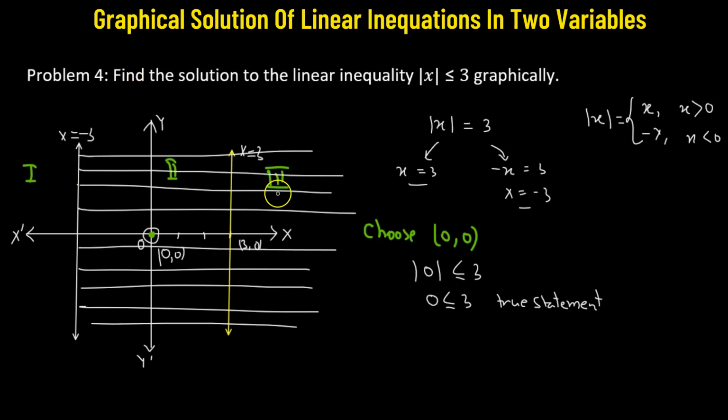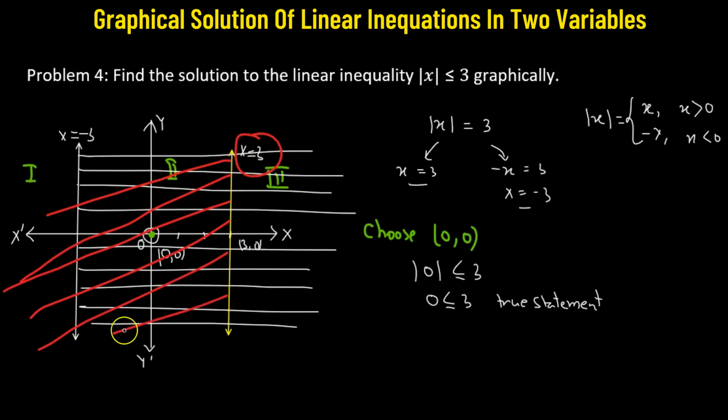Since our origin is still included, we also have to consider the region lying to the left of the line x equals 3. It starts from the line x equals 3 and goes to the left-hand side, so all the points to the left are also part of the solution.